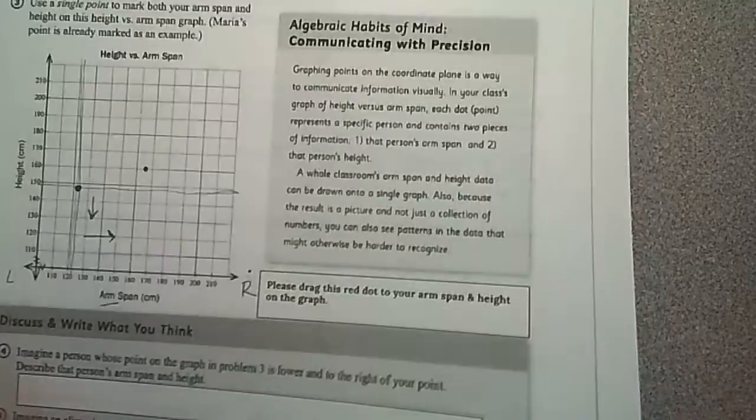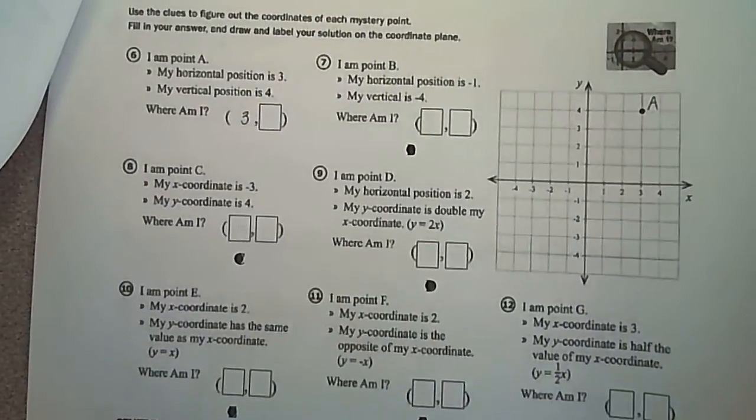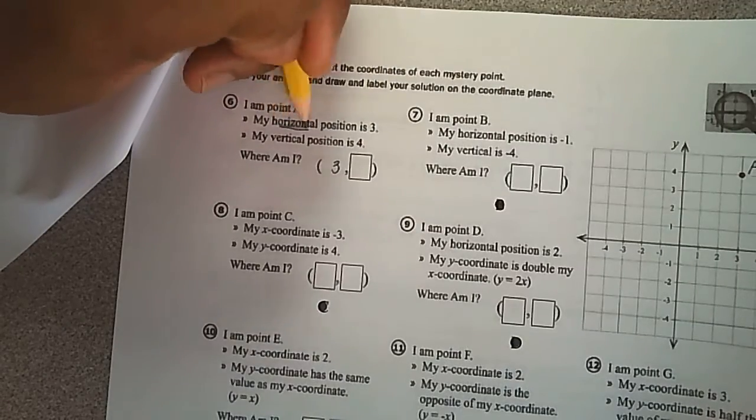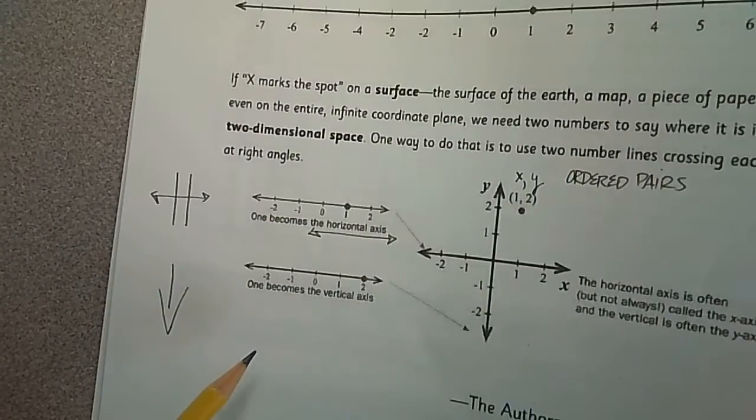You have page 3, and on page 4, you have horizontal and vertical positions, which we did already talk about on the first page, horizontal and vertical.